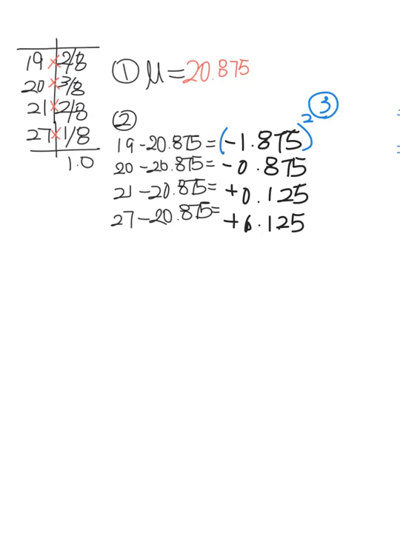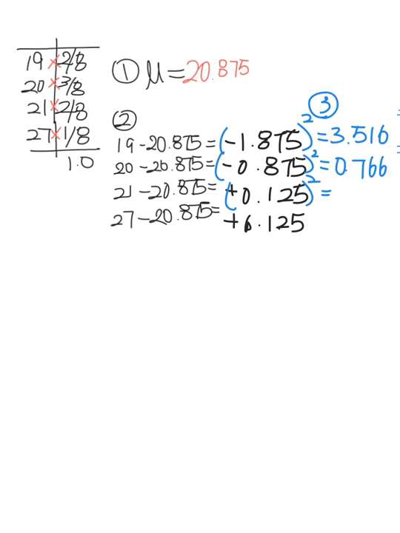So positive 1.875 square will be 3.516. How about the negative 0.875 square? 0.766. Okay.